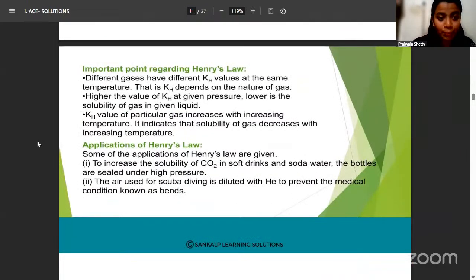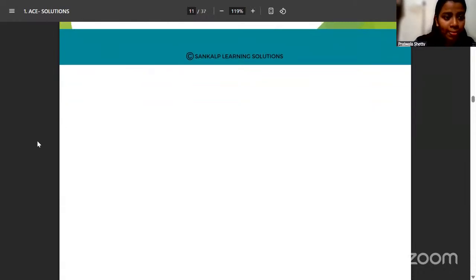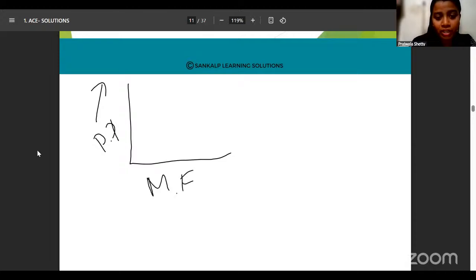Next, let's see the important points regarding Henry's law. Let me show you one graphical representation. If we draw a graph between partial pressure and mole fraction, let me take the partial pressure of the gas on the y-axis, and on the x-axis you will be plotting mole fraction.